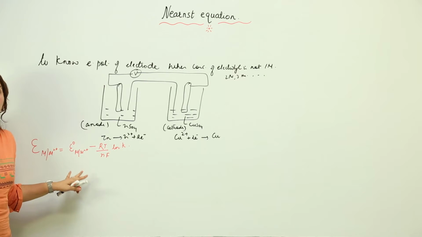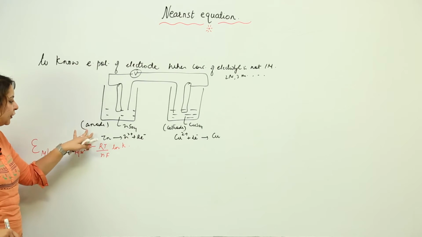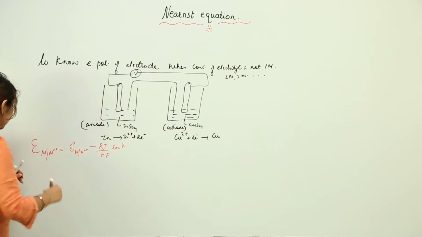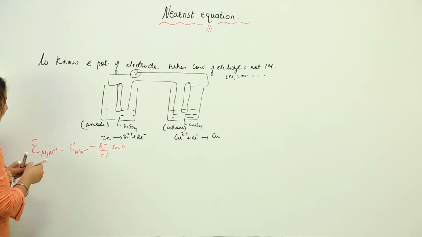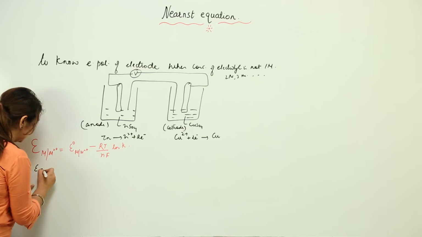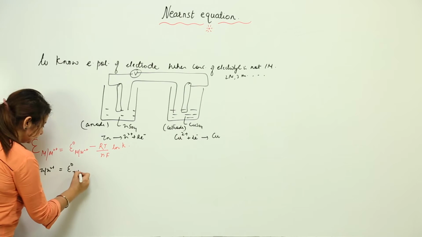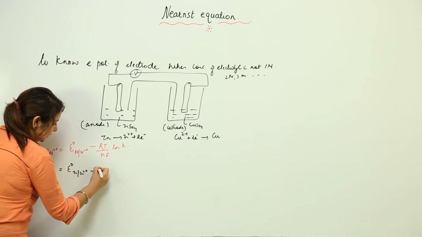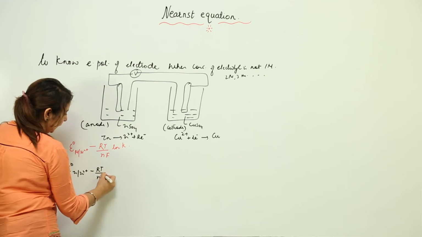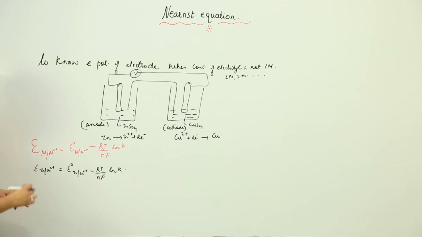This is actually a general expression for the Nernst equation. So now I am going to apply this equation for this also and for this also. So if I write this as this, I will be writing it this way, minus RT upon NF ln K, right. So let us put the value for this, because we can change ln into log.